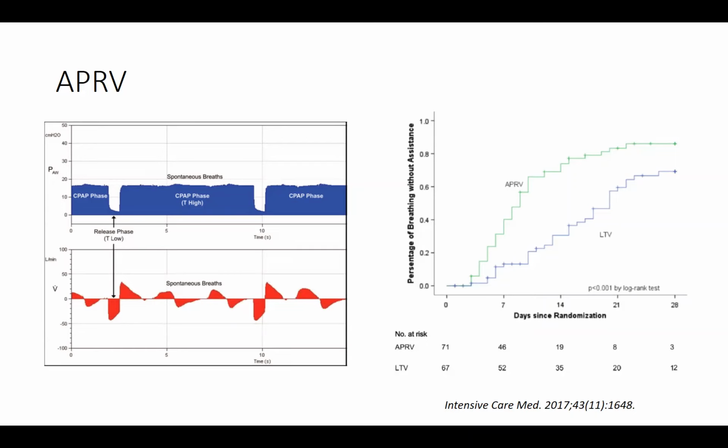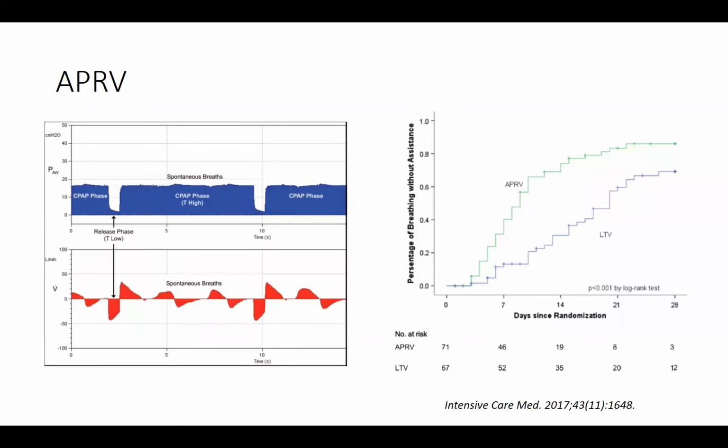It's existed for a long time, but it gained popularity around the H1N1 pandemic, which was in 2009 or so, because we suddenly had a large number of cases of severe ARDS that were difficult to ventilate. That's when we started seeing some more data about it.